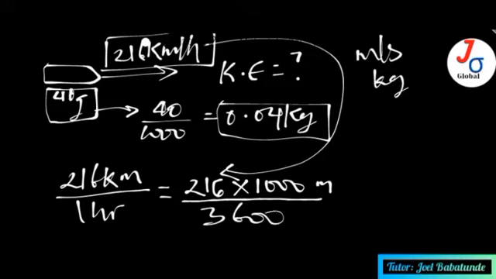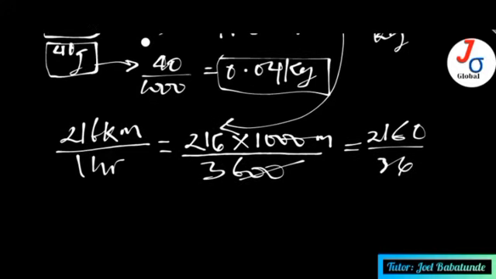So these 2 zeros are going to cancel 2 zeros here, and so I have 2160 divided by 36. Punching a calculator, that basically gives me about 60 meters per second.